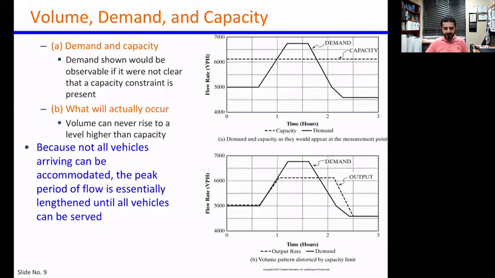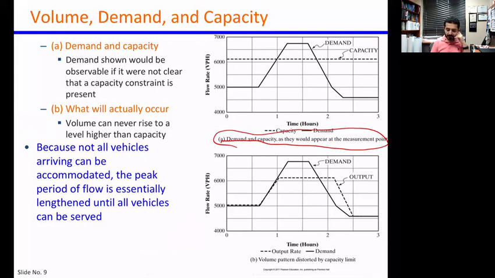All right. Still continuing talking about volume, demand, and capacity. So the first graph here talks about the demand and capacity as they would appear at the measurement point. In real life, a comparison between demand and capacity would show the demand as observable if it were not clear that the capacity is consistently present.